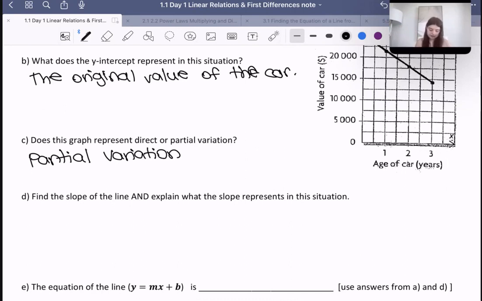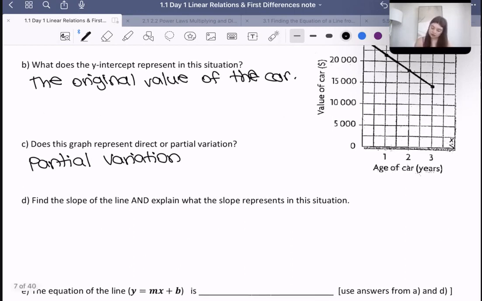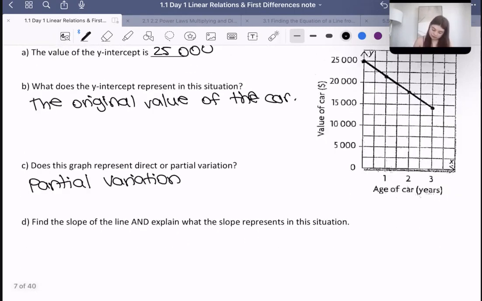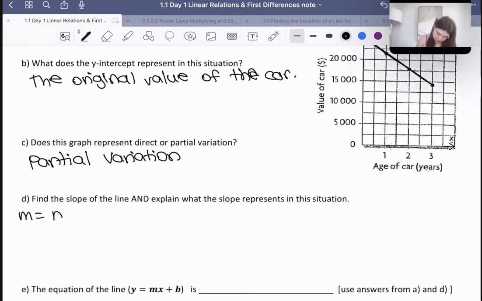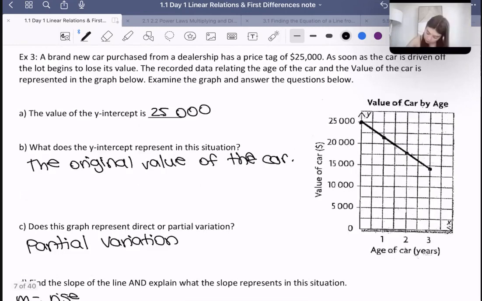Then it says, find the slope of the line and explain what the slope represents in the situation. Well, let's see. We know slope is rise over run, which, let's see, rise is what? Looks like here we have, if we go by that, that's 5,000 over run, which is 1.5.